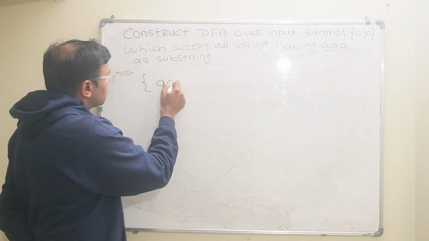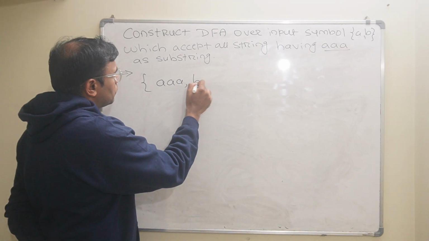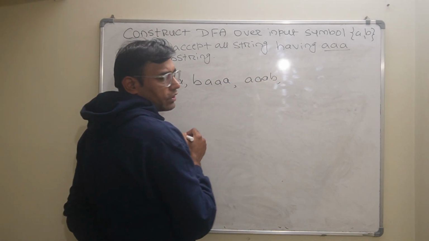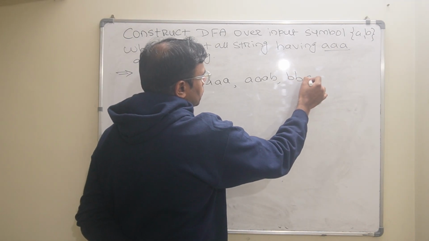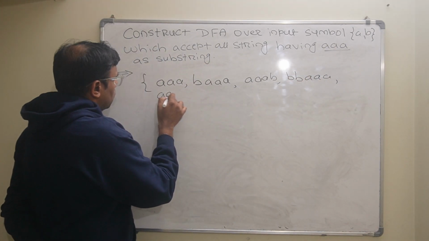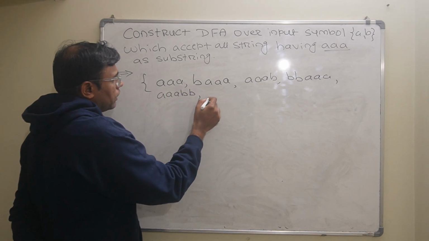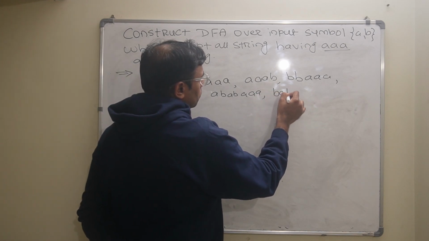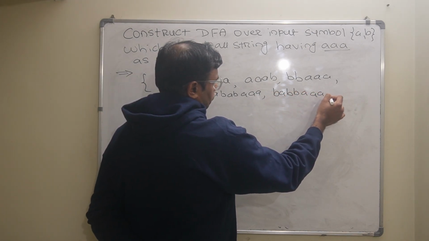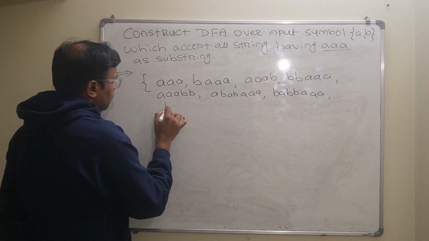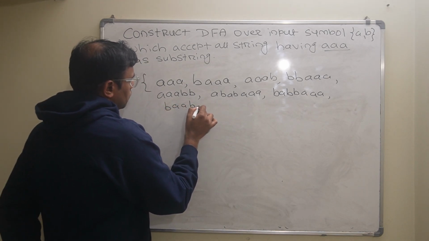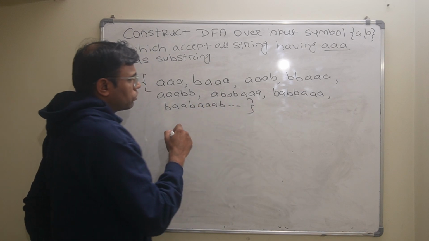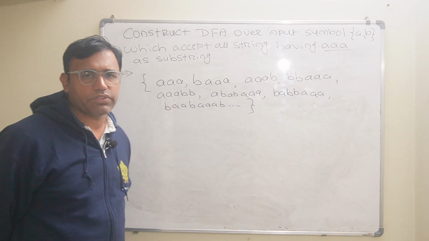So the first string is AAA itself, then a string can start with B, so I can write BAAA, then a string can end with B, I can write AAAB, then BBAAA, or AAABB, then ABAAA, then BABBAAA, then BABAAAB, and so on. So in every string you will find AAA as a substring.